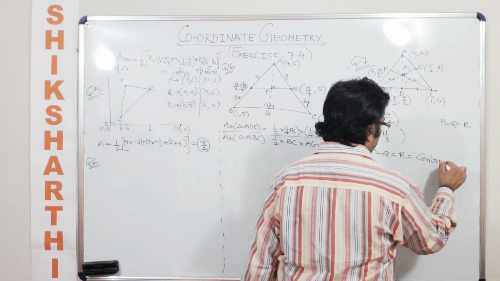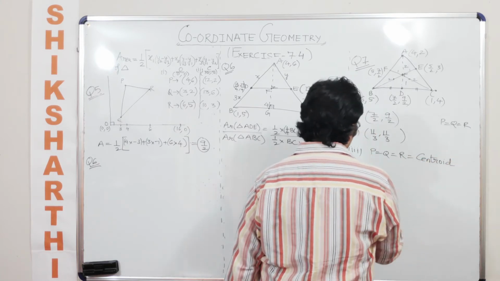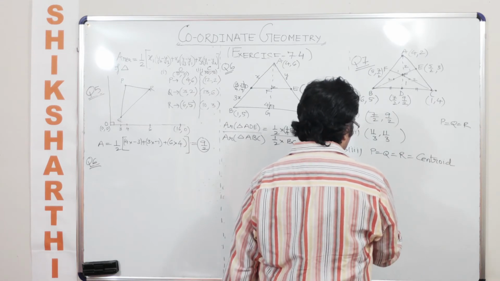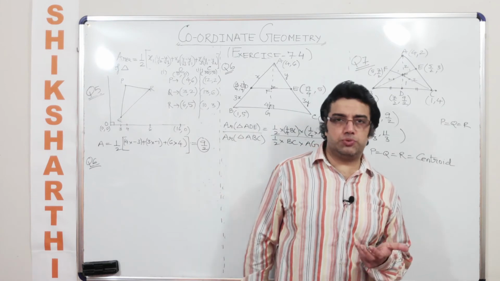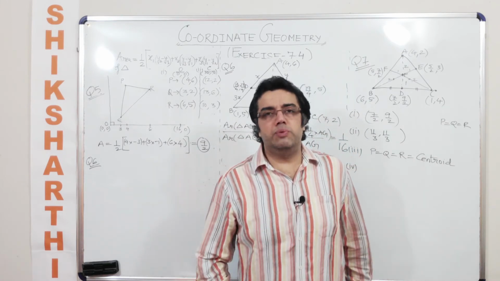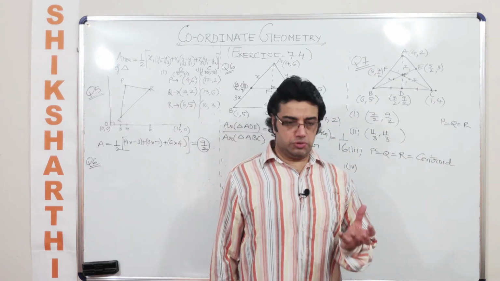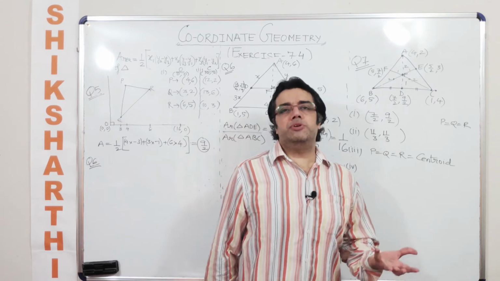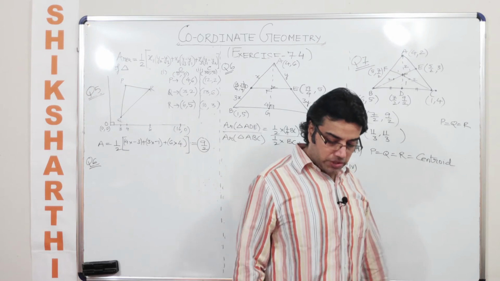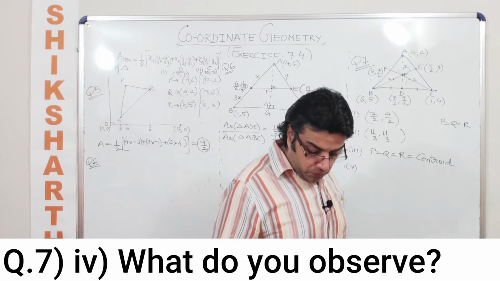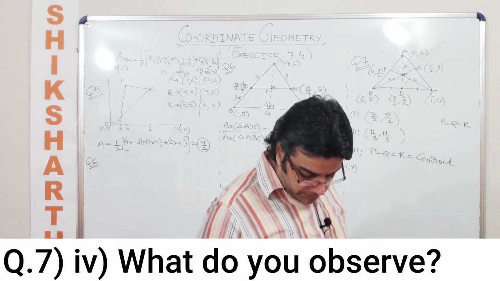Had you not known this thing in advance, this becomes slightly difficult, because what is the variety of this question? This is an application based question. What is an application based question? Wherein one topic requires another topic to be integrated with it, which is why this is an application based question. Okay, what do you observe?